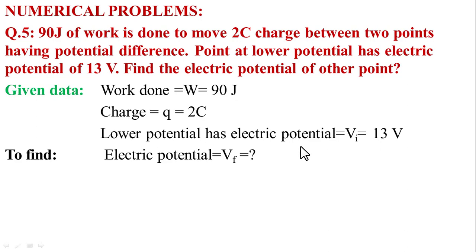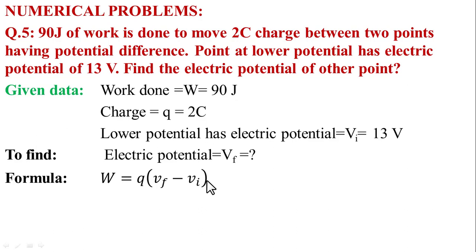Now according to the statement we can write the formula: work done is equal to charge multiplied by change in potential delta V, or we can also write W is equal to Q into Vf minus Vi.